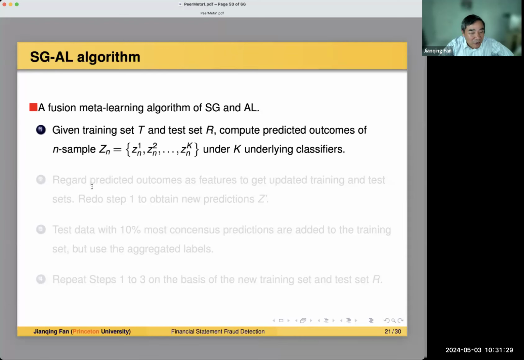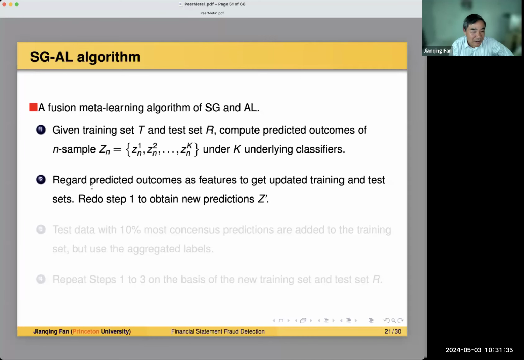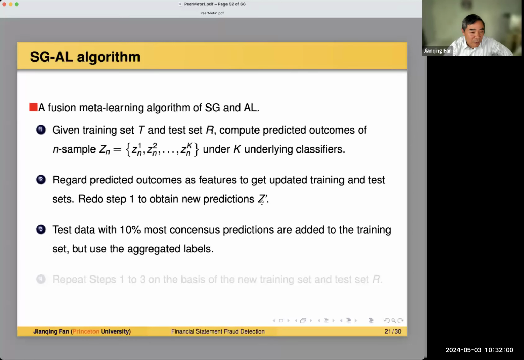But rather than a majority vote, stacked generalization uses these K outcomes as new features, and then I run the algorithm again, repeating step one with the changed X, and I get new classification results.